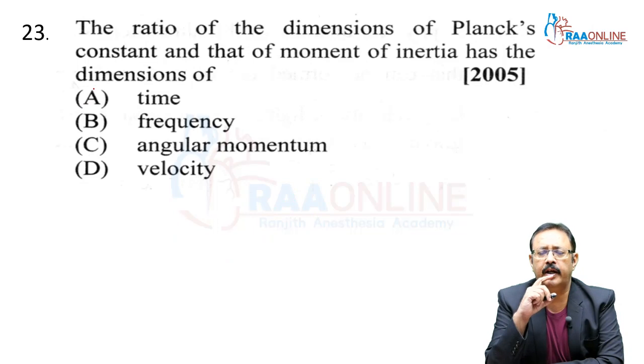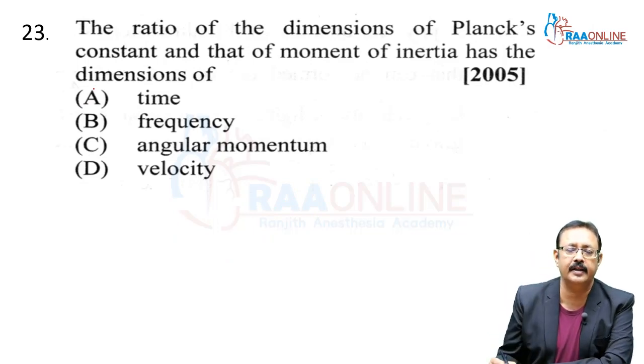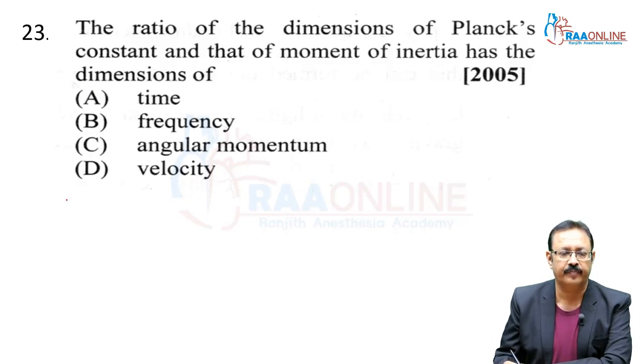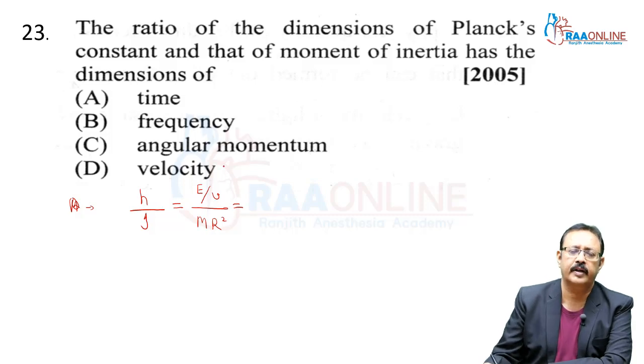The ratio of the dimensions of Planck's constant and that of moment of inertia has the dimensions of? We want to calculate the ratio of the dimensions of Planck's constant upon that of moment of inertia. What is Planck's constant? Energy upon frequency. Moment of inertia is m r squared. What is energy?